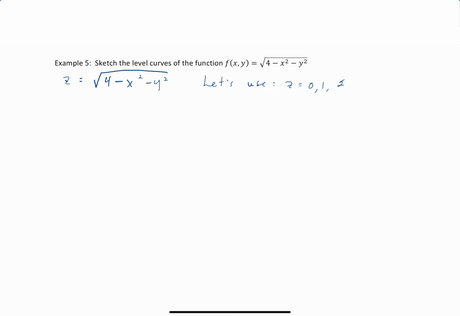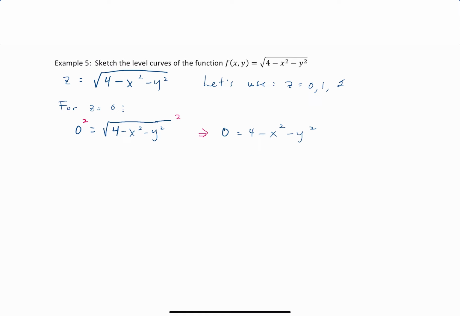Okay, so for z equals 0, we put in a 0 for z to tell us what the contour looks like at that height. How am I going to tell what this looks like? Well, let's square both sides, and that gives us 0 equals 4 minus x squared minus y squared.